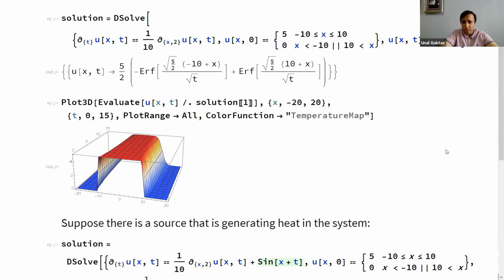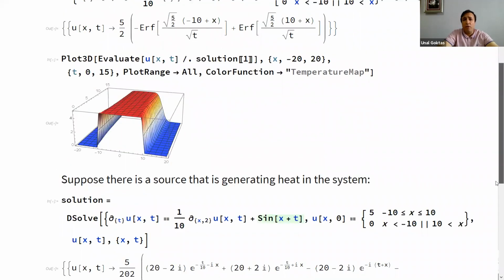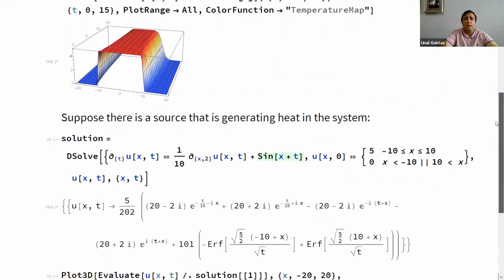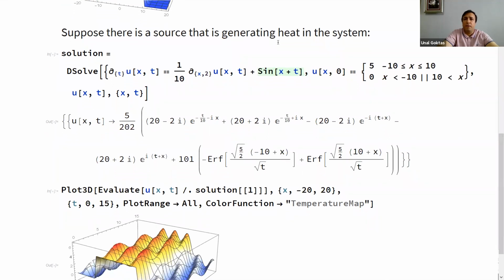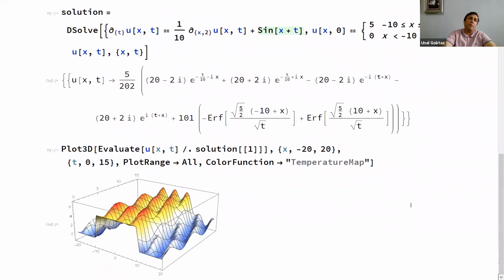Suppose for the same problem, we have a source generating heat, and the source function is a sine function. This time the solution will have extra pieces due to this source. And when we plot, the solution will look like this.